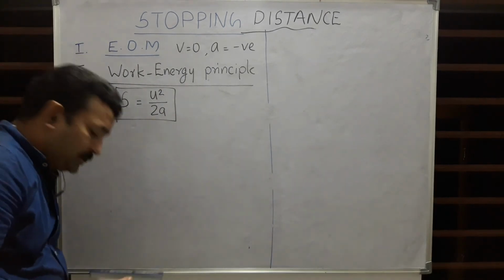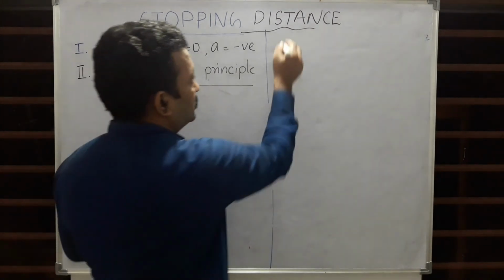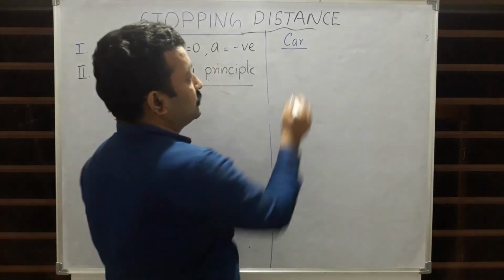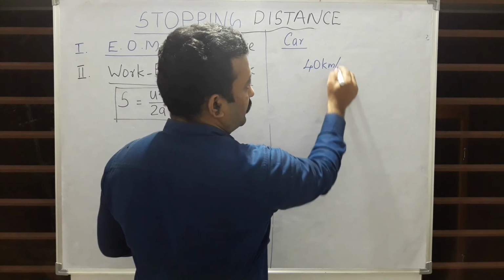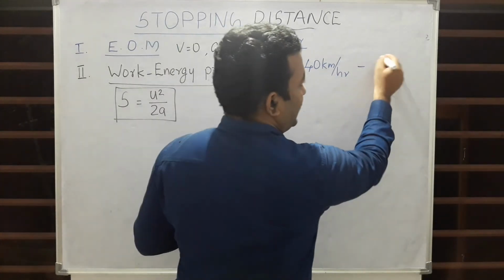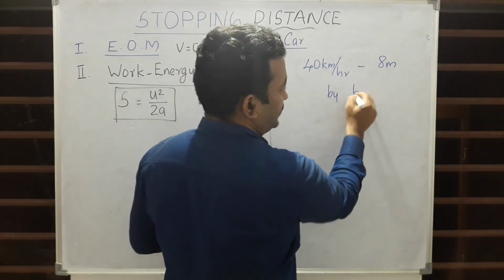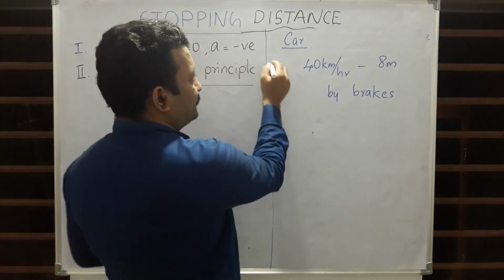Here I am giving you two conditions. A car which was initially moving at say 40 km per hour is brought to rest in 8 meters by applying brakes. So this is my first situation.